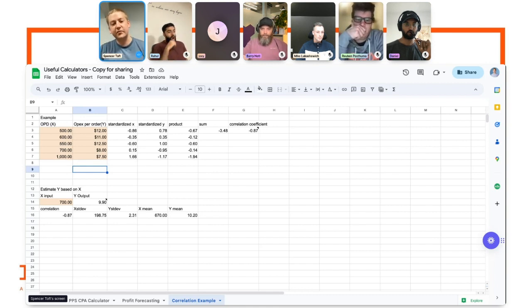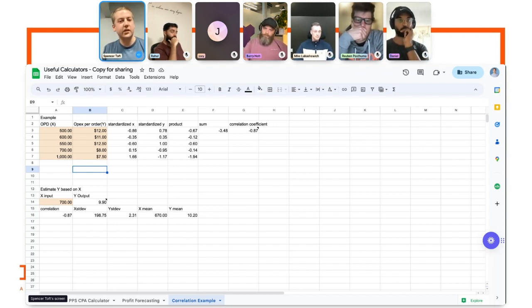Say you are stuck at a $32 CPA, but it doesn't really change much if you scale. If you get 100 more orders per day, then you can actually cut your operating expense per order down and end up being more profitable.